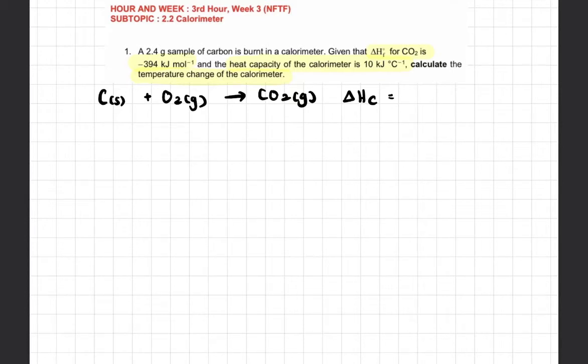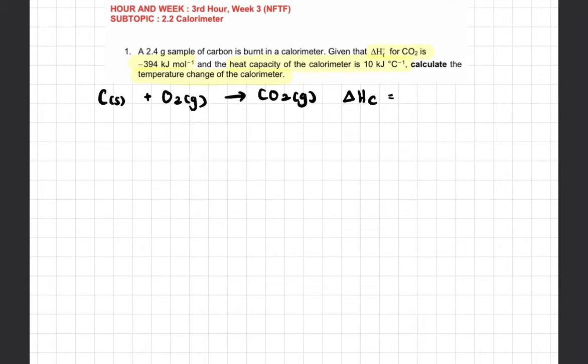Okay, so kalau enthalpy of formation means kita tengok dari segi berapa banyak heat release untuk kita hasilkan carbon dioxide. Tapi kalau kita tengok dari segi enthalpy of combustion means kita nak tengok berapa banyak heat release to burn 1 mole of carbon. Tapi sebenarnya in this case, enthalpy of formation and enthalpy of combustion adalah benda yang sama, value yang sama.